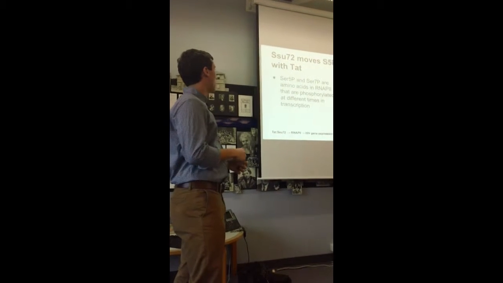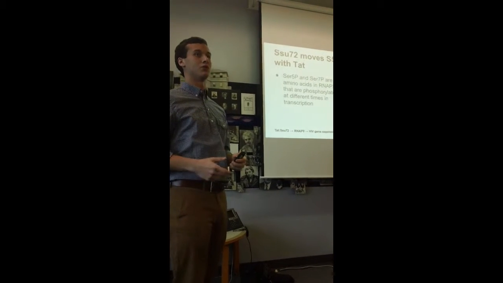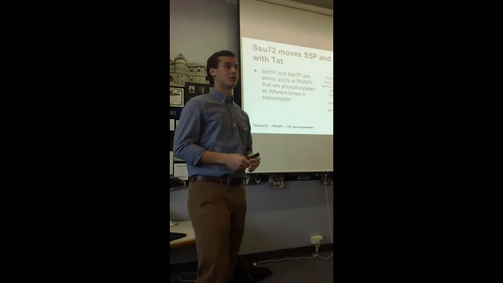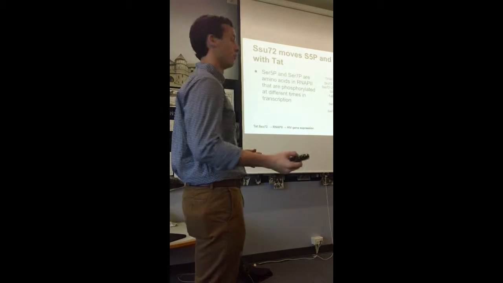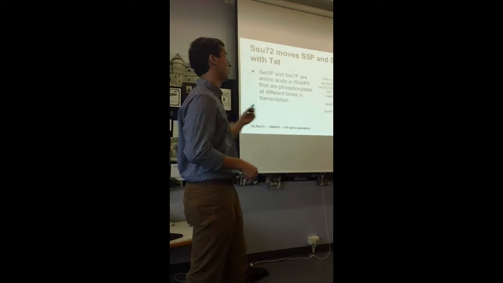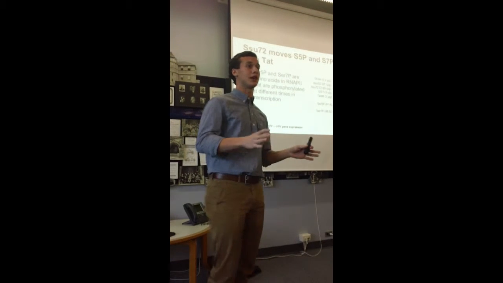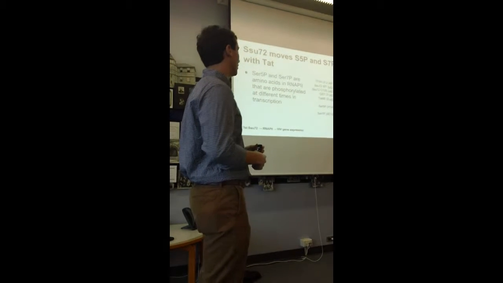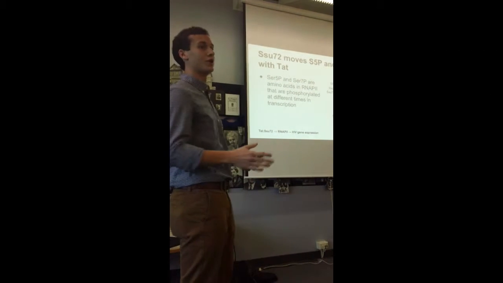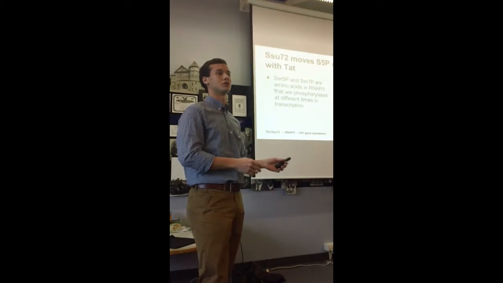So what SSU72 normally does, like I said, is it removes phosphates from amino acids in the CTD. Specifically, it works on S5P and S7P, mostly S5P. And what TAT does is it was found to basically move this process along.